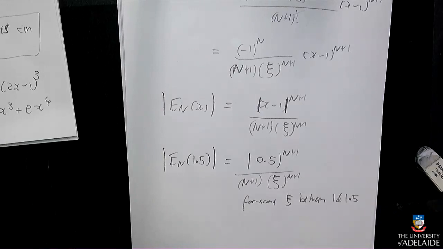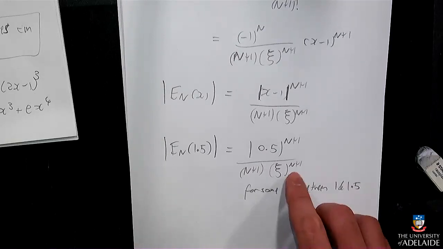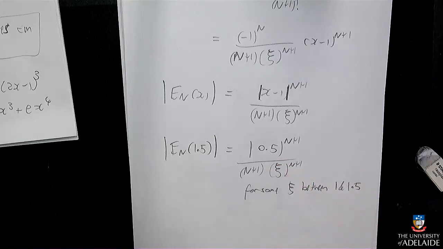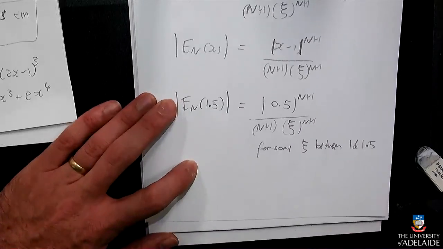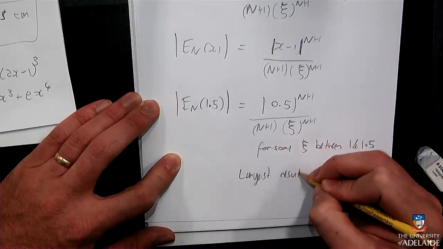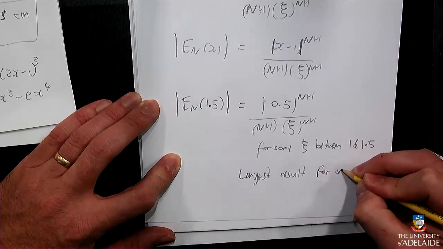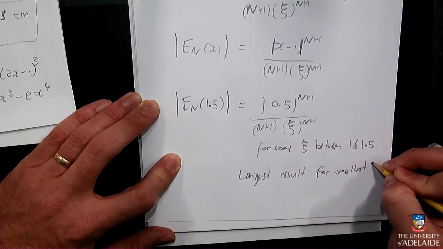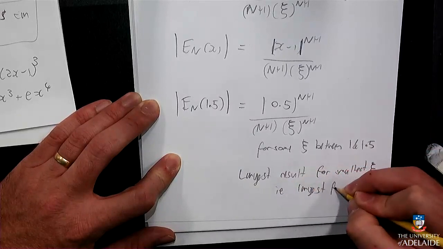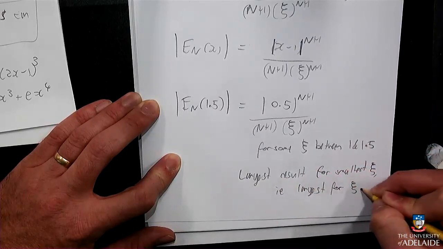Okay, so we're going to have to choose our psi again. But when we investigate this function, regardless of what n is, and we know that n has to be bigger than 4 because the fourth one before didn't give me 6 decimal place accuracy, it's a decreasing function. And so this is largest for smallest psi, i.e. largest for psi equals 1.